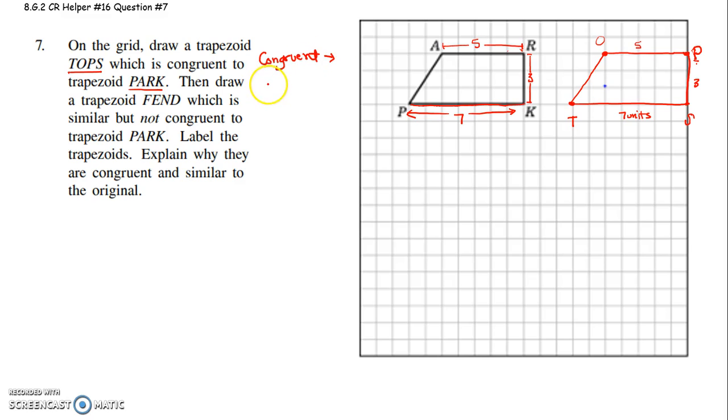Congruent. Exact same size, exact same shape. Congruent would be the exact same size, exact same shape. Exact same area.